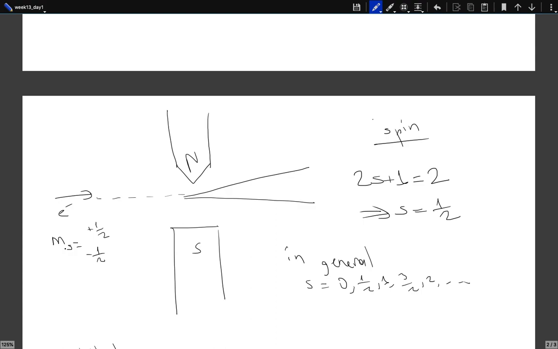You mean when s is equal to 1, if we have a particle that has s is equal to 1, and if we send it through such a non-uniform magnetic field, it will split into 3. Just looking at how many ways it separates, we cannot tell the difference. But there will be other ways of telling the difference.